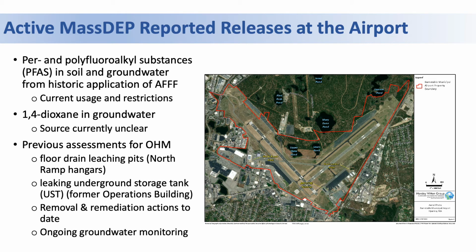AFFF is currently the only substance that the Federal Aviation Administration allows for firefighting at airports. I will get into that in a few moments. Additionally, we have 1,4-dioxane that has been found in groundwater, and previous assessments for hazardous materials have been identified, as noted below.